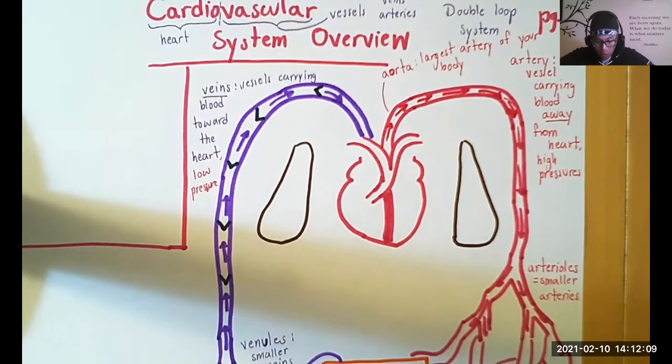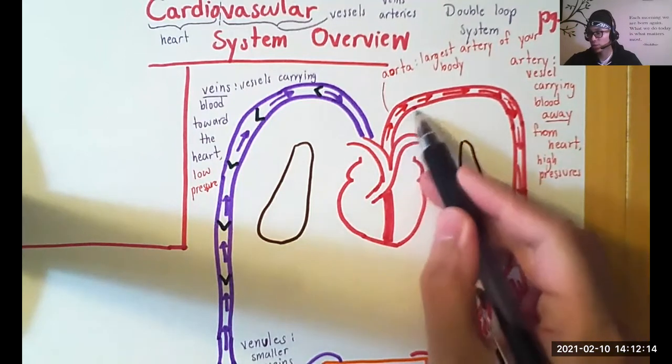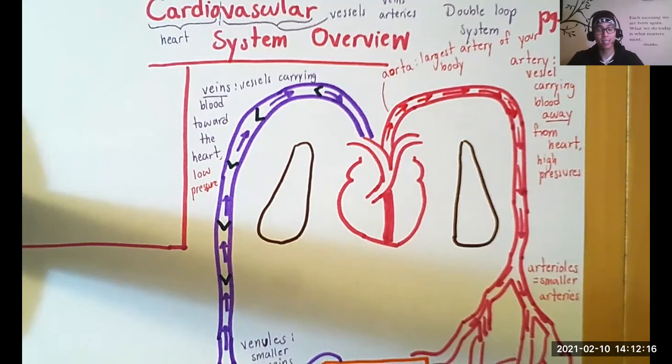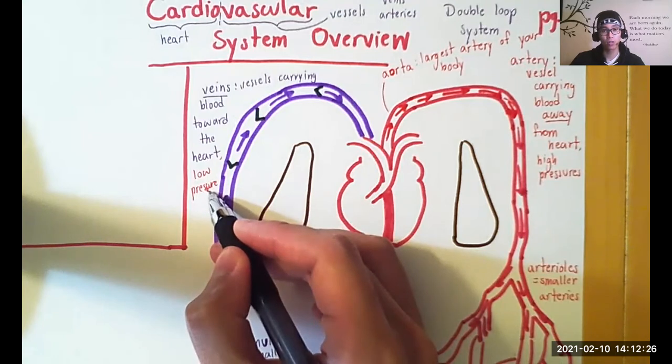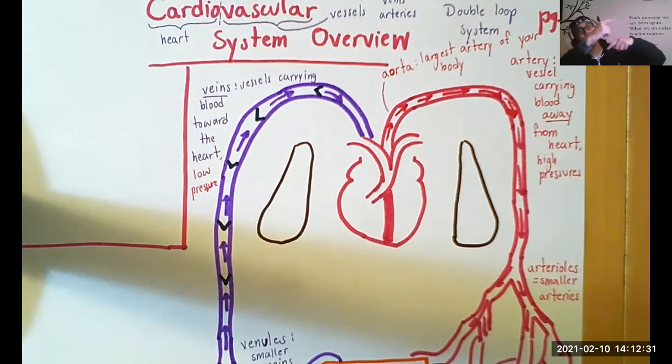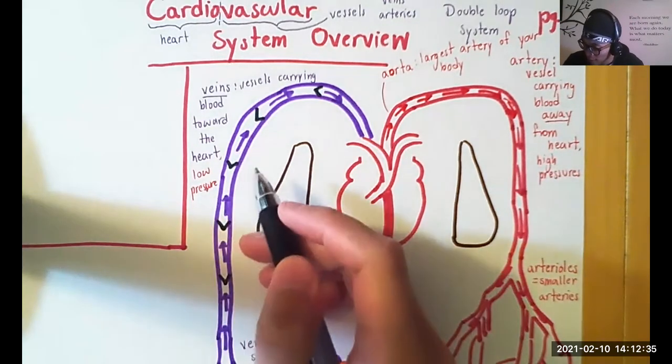You roll a bowling ball up a hill, and at first, it's got enough velocity from your arms that it moves in one direction. But as the bowling ball loses velocity and the pressure of the bowling ball goes down, it's going to want to roll backward. And we don't want that in the veins.